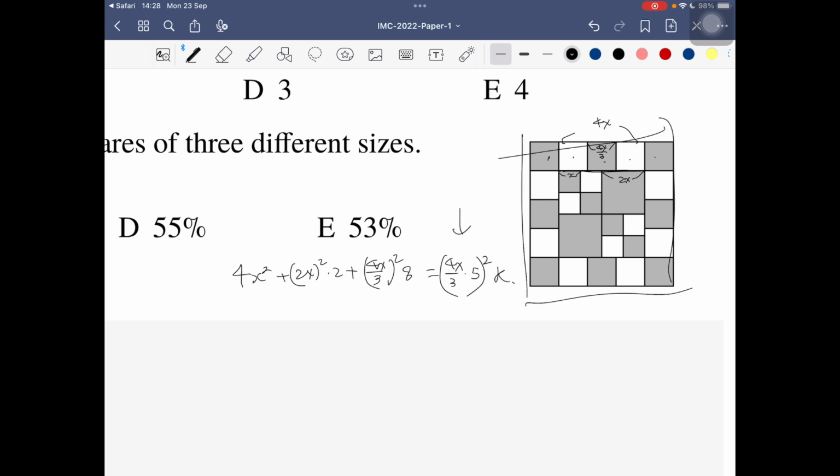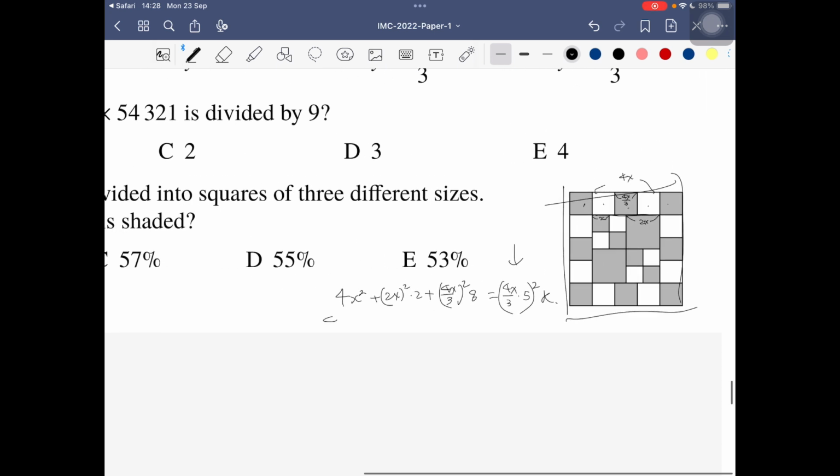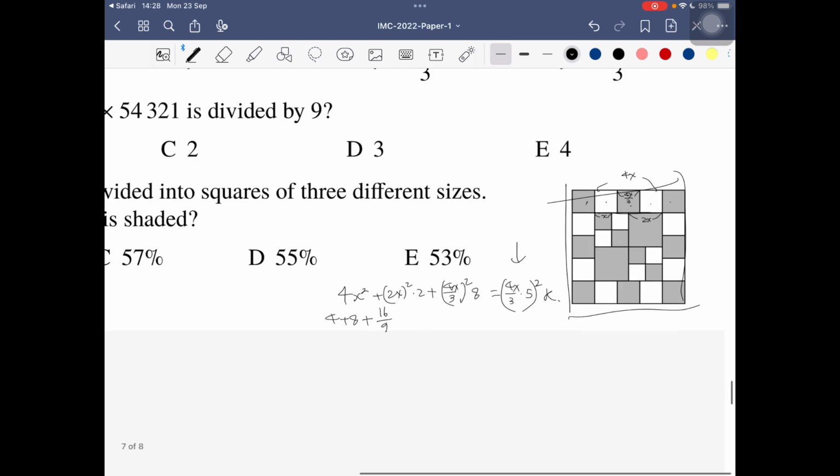Which percent of this area will be on the left side? So 4x squared and 8 and 16, 9 times 8, 128. X squared equals k.